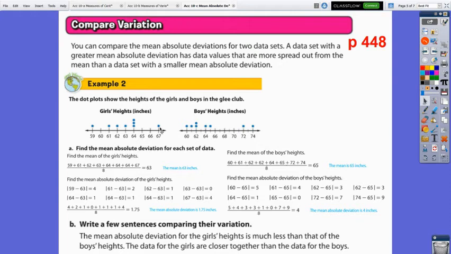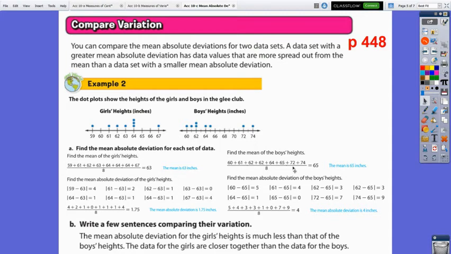And again, you can do that in your head. The average is 63 here. The mean is 63. So that's 4, 1, 1, 1, 0, 1, 2, and 4. That's all these answers here, the differences between each data point and the mean. Then you add them all together and you divide by how many there are, and you get 1.75.